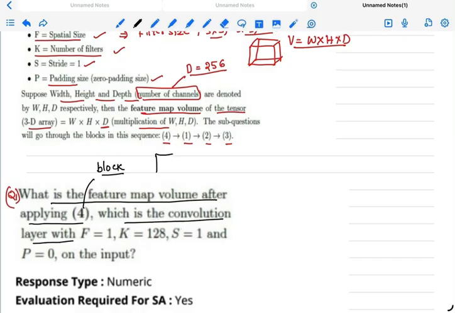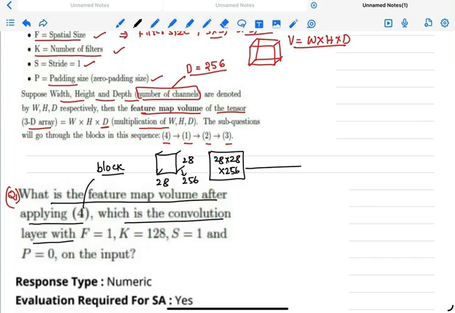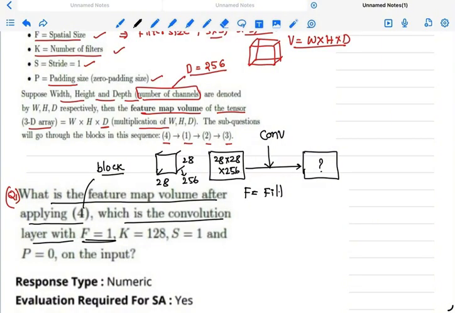They have given a 3-dimensional input of 28 cross 28 with depth D equals 256, passing through a convolutional layer with F equals 1, that is filter size 1 cross 1, K equals 128 filters, stride S equals 1, and padding equals 0.